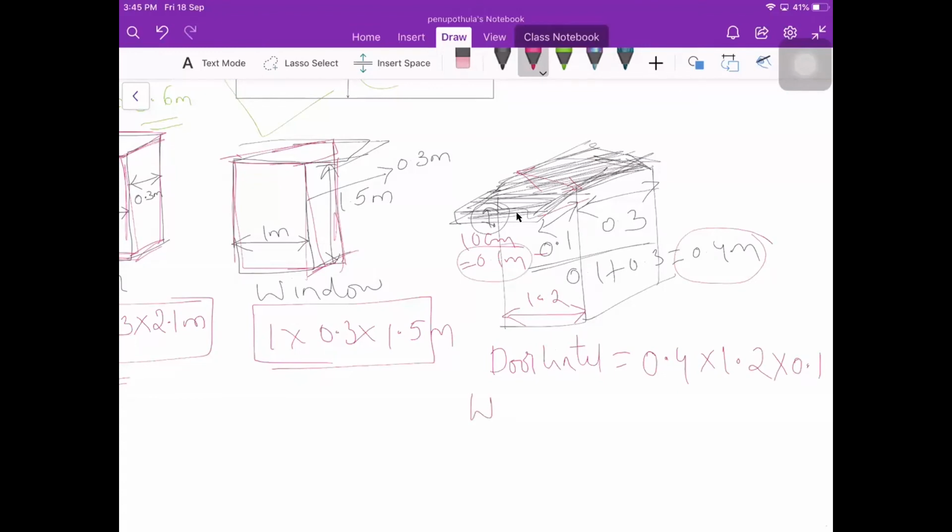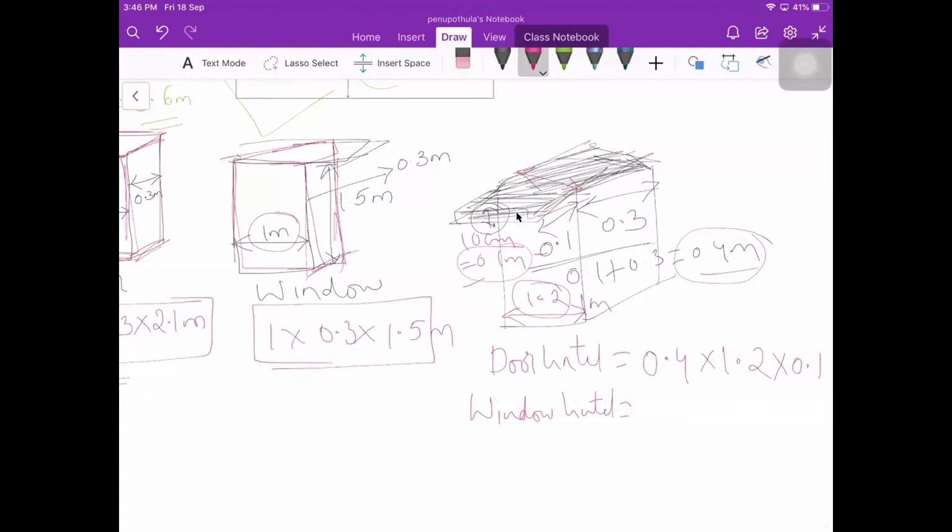Again there is the window lintel. If you consider this as the window lintel, instead of 1.2 meters it is 1 meter only. The thickness of the wall is the same and the projection is the same, so 0.4 meters is the same and the thickness is the same.